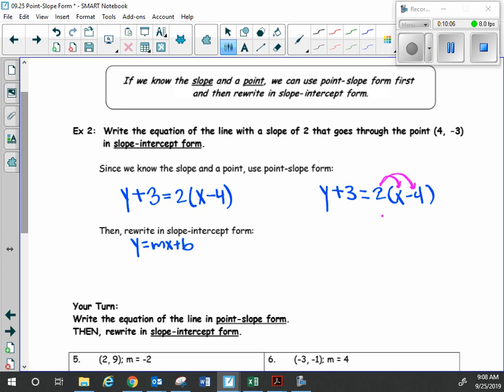So now, Archie, what's this one? Y equals 2x minus... Well, it will start out as 2x minus 8, right? 2x minus 8. You are correct. Because then you subtract 3 and you get y equals 2x minus 11.